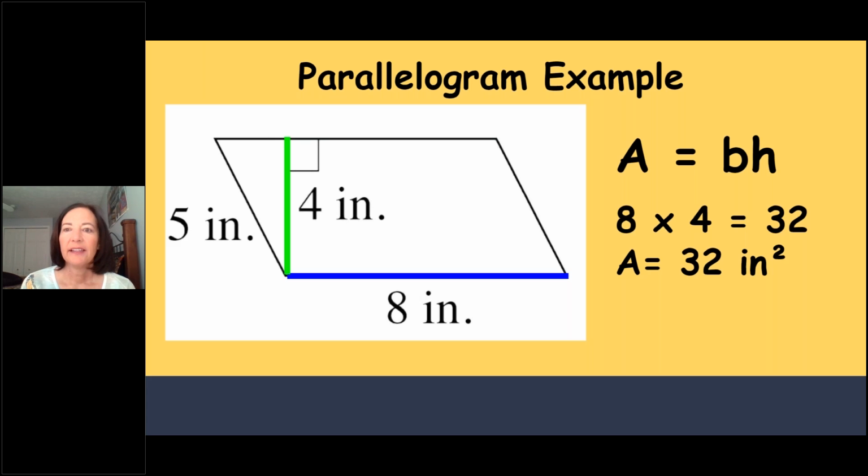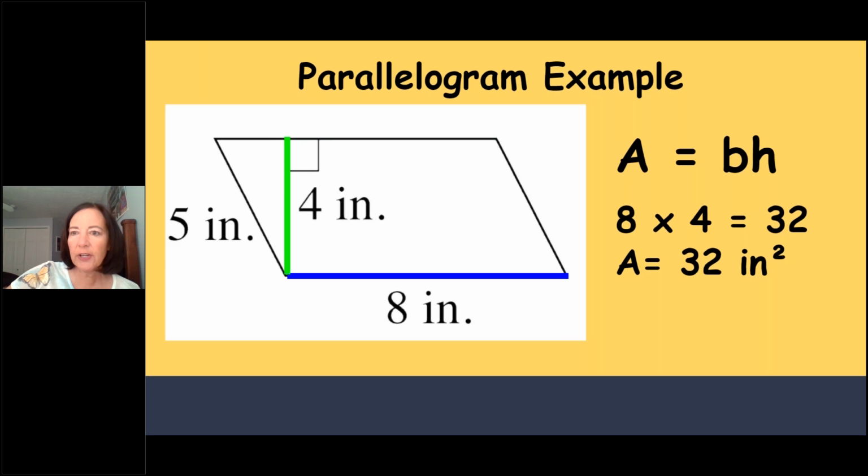And all parallelograms basically are going to work like that because they have those equal sides. So really, if you think about a parallelogram, it's just a rectangle that's leaning to one side or the other. Got squished down.